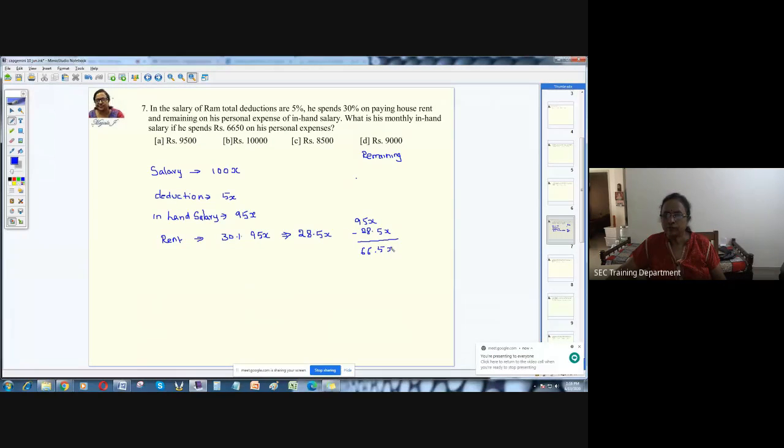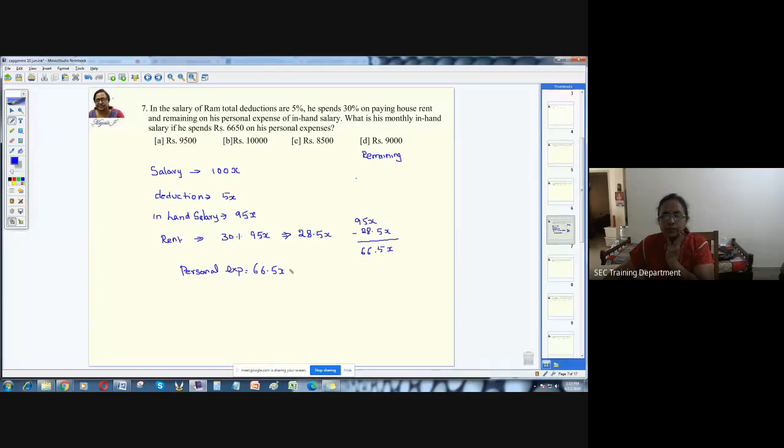So what is the balance left out now? This is the balance. And what is mentioned in the problem? The remaining is a personal expense, and the personal expense is given as 6650. So the personal expense is 66.5x, the calculation we have done after the 30% is removed.